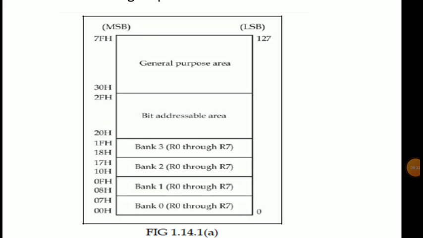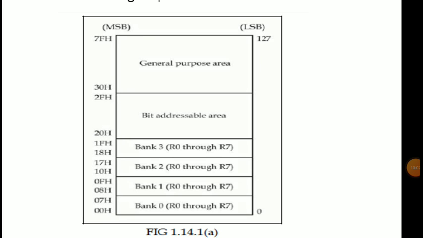Then afterwards, the bit addressable area ranges from 20H to 2FH. What is the range? 2FH minus 20H, that is F, which means 15. 0 to 15 means we have 16 addresses.